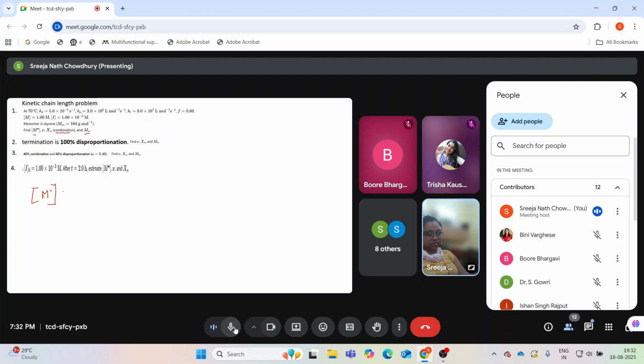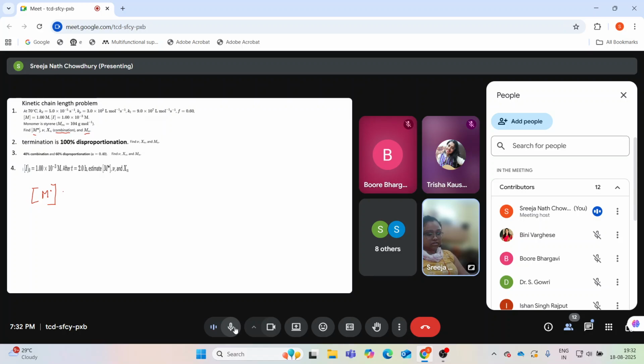M dot will be root over Ri by 2 kt, equals root over of Ri, which is 1.1861 10 to the power minus 8, divided by 2 into kt. Kt is what you have known now.